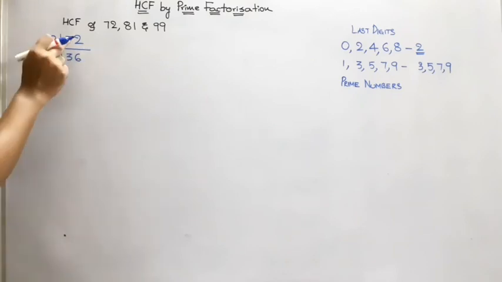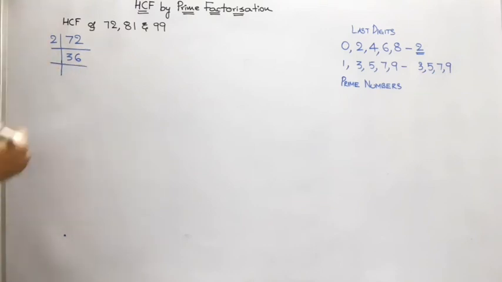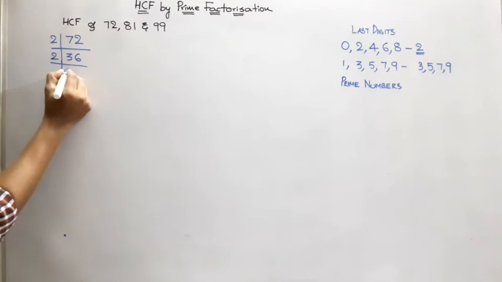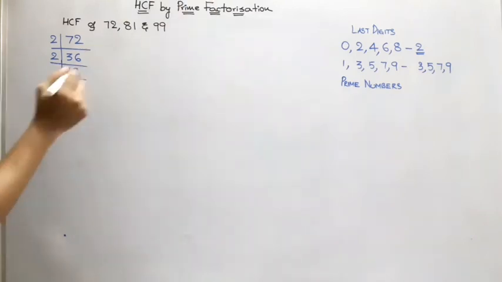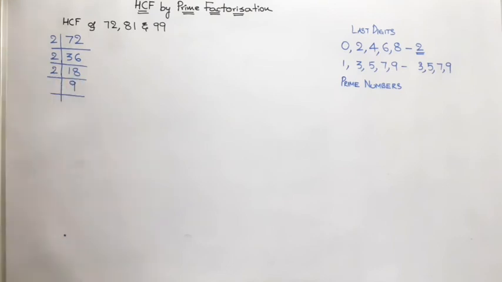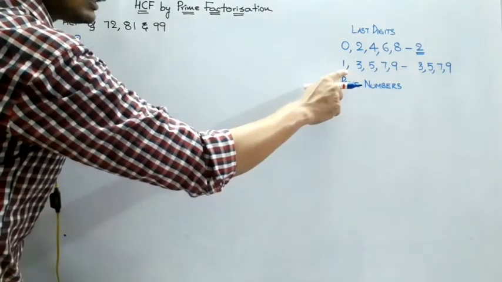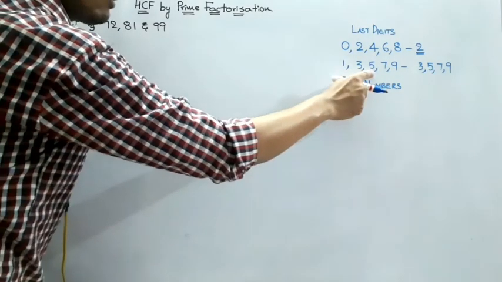If you have any confusion, divide 72 by 2 in your rough book. Next, 2 18s are 36. Next, last digit 8, again first group. 2 9s are 18. And lastly, 9. See, it falls in the second group, if the last digit is 1, 3, 5, 7, 9.